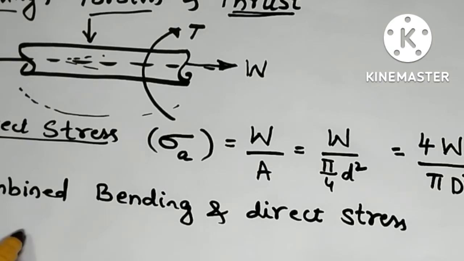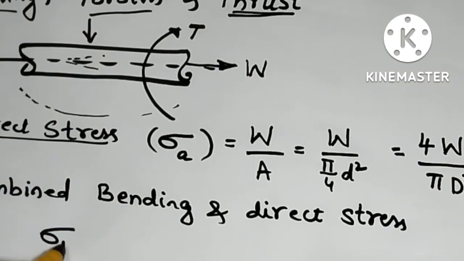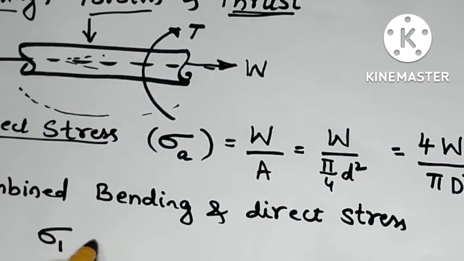So let us say for these two combinations we will write sigma 1 for the combined bending and thrust.